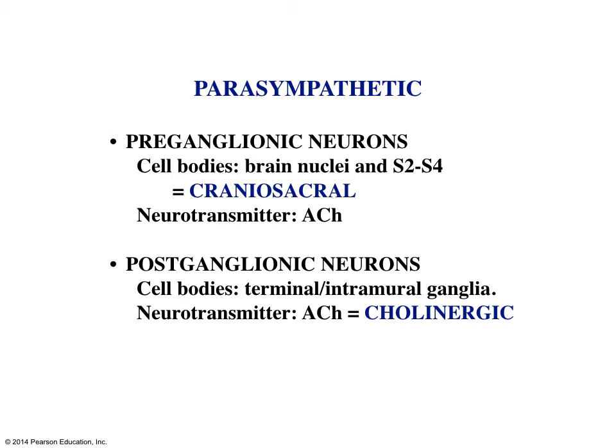Postganglionics, the cell bodies located within terminal or intramural ganglia, either close to or within the walls of the effectors, and they too secrete ACH. Therefore, another name for parasympathetic could be cholinergic, standing for acetylcholine, cholinergic.